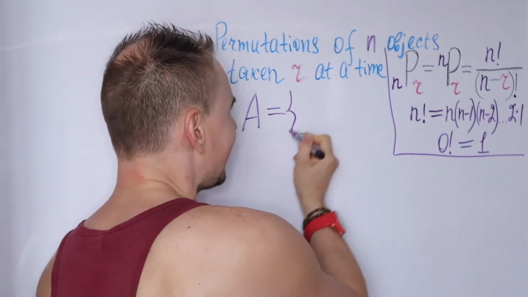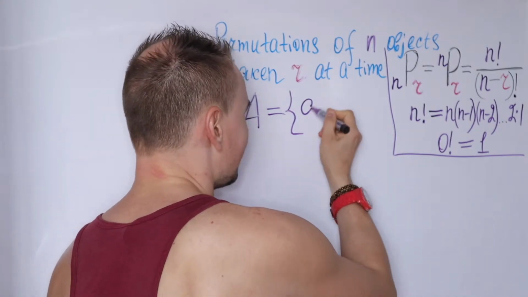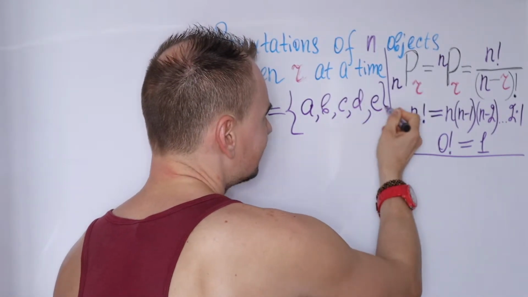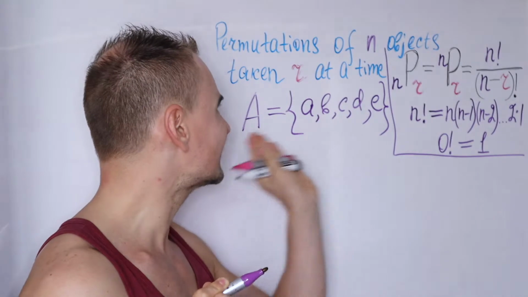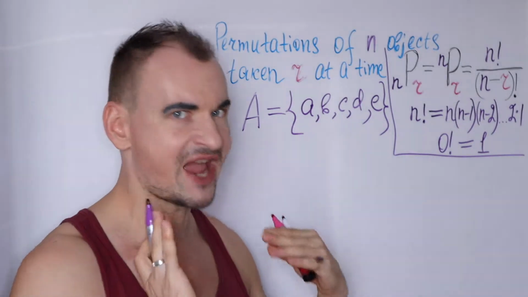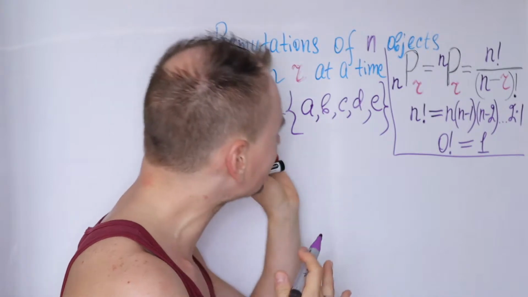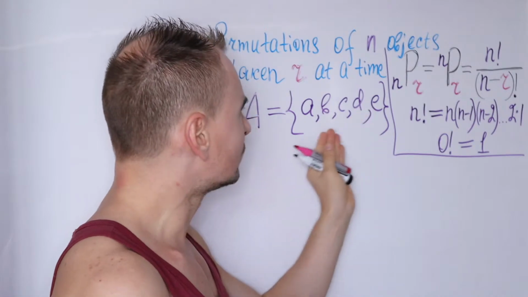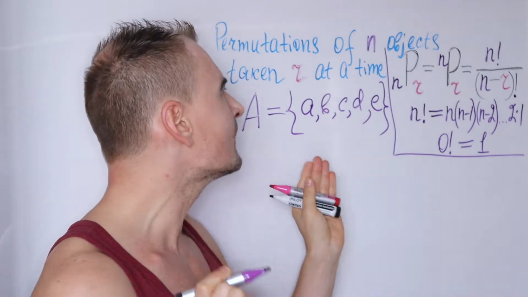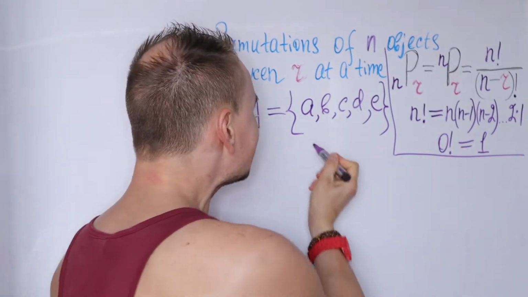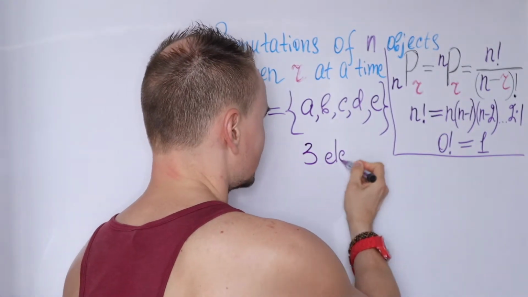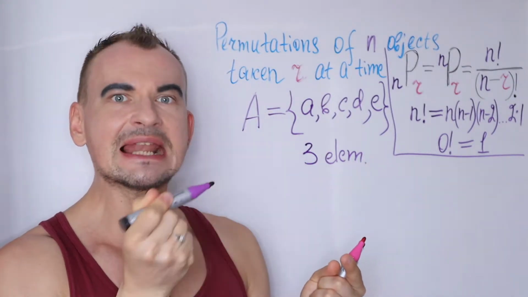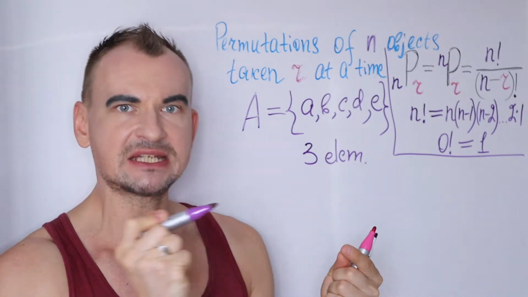So let's say set A contains the following elements: A, B, C, D, and let me throw in E. Your set A is composed of these 5 elements. Now, I'm going to select from these 5 elements any 3 elements, and I'm going to choose them in a particular order.